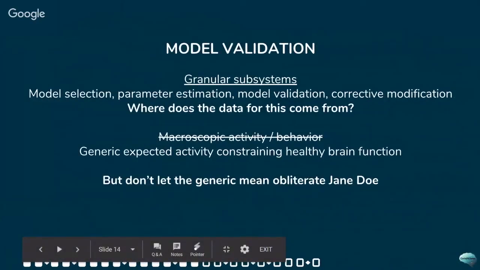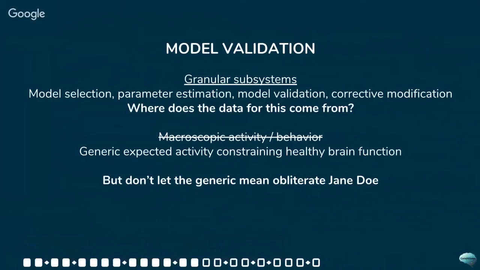Like every model, even at this smallest, granular scale of our reverse engineering enterprise, each model system needs to proceed iteratively through those model selection, parameter estimation, model validation, and correction stages. Now, do we have the data that we need for model validation and correction at that level? Which of our possible information sources does the data come from?